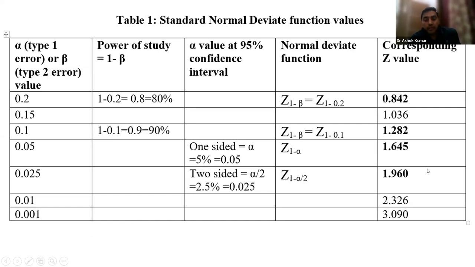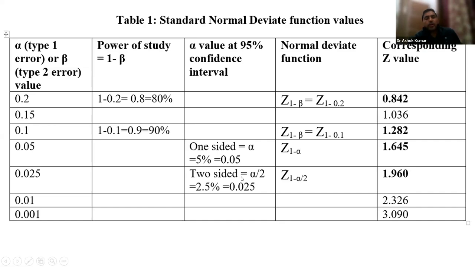The corresponding Z value is 1.96. You have to remember this. For two-sided, you have to take this Z1 minus alpha by 2. When we have to use two-sided and when one-sided, we will discuss.